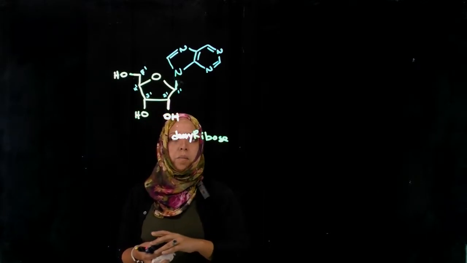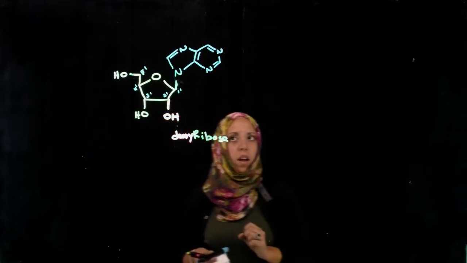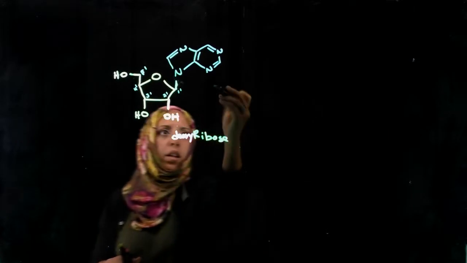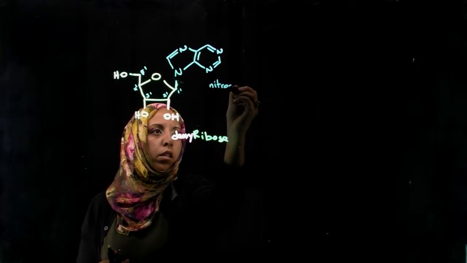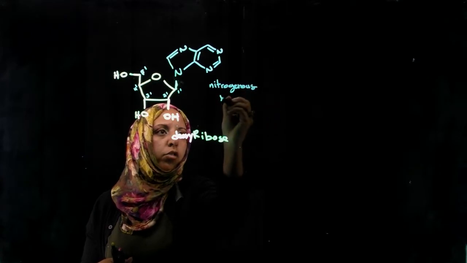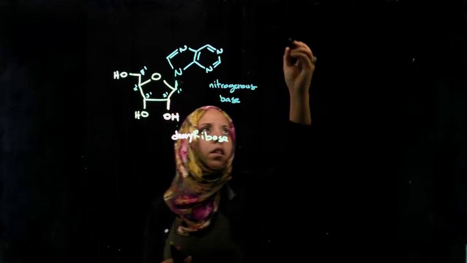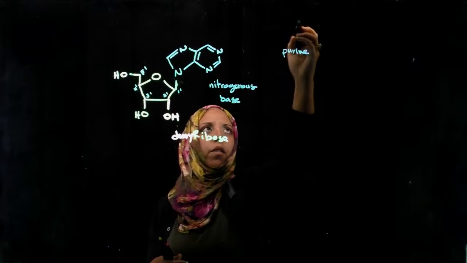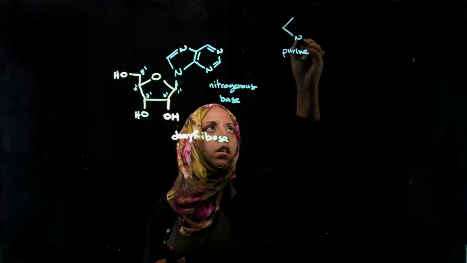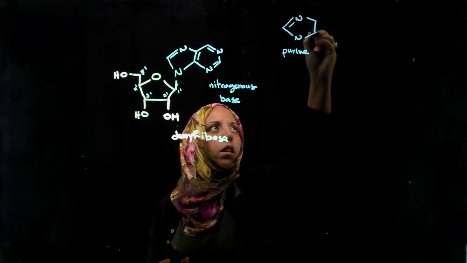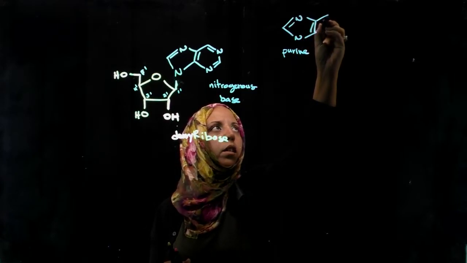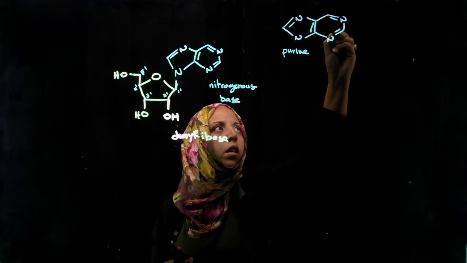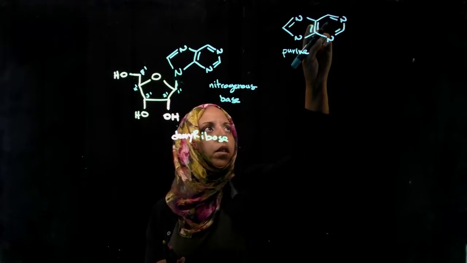That's an example of a purine. Nitrogenous bases are either purine or pyrimidine derivatives. That's an example of a purine, and this is really this double bond.